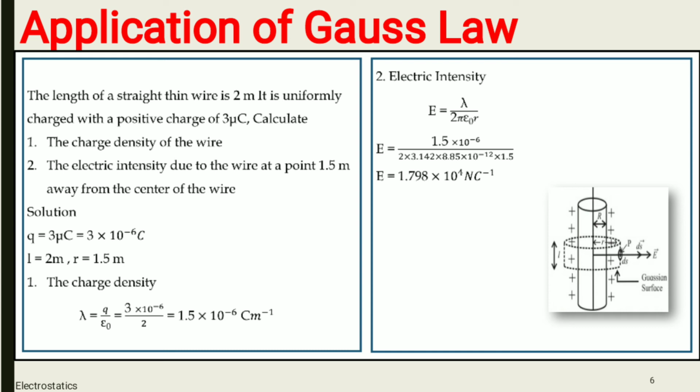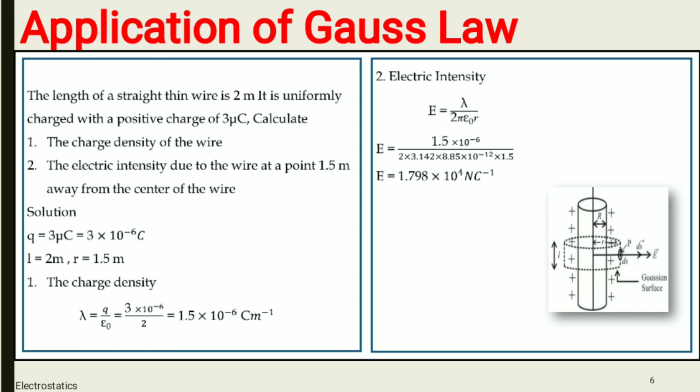The length of a straight thin wire is 2 m. It is uniformly charged with a positive charge of 3 microcoulomb. Calculate the charge density of the wire and the electric field intensity due to the wire at a point 1.5 meter away from the center of the wire.